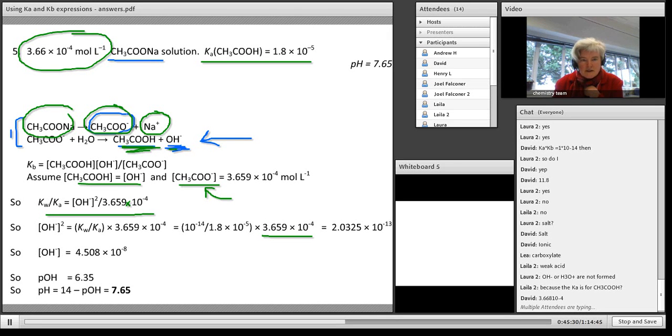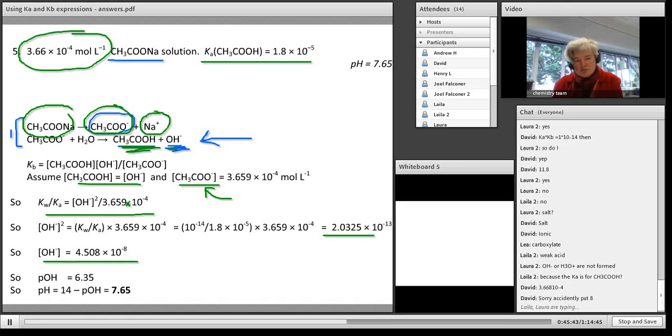Let me get rid of that. There's your Kb value. Oh no, that's my OH squared value, and then I can just take the square root and get the OH. From the OH, I get the pOH, and then from that, I get my final pH.